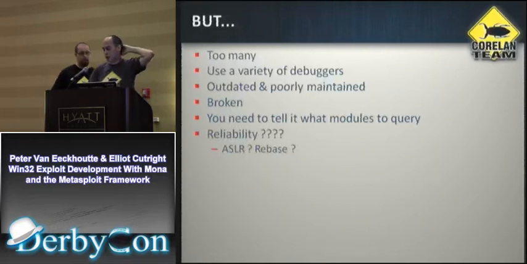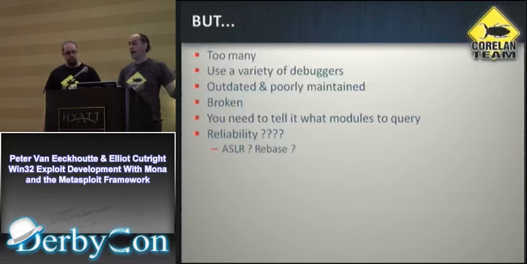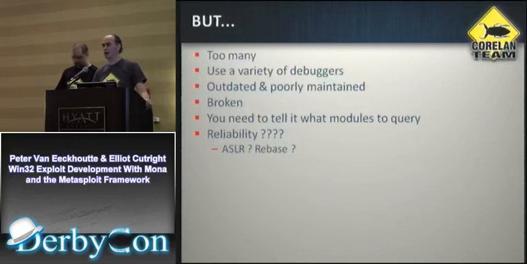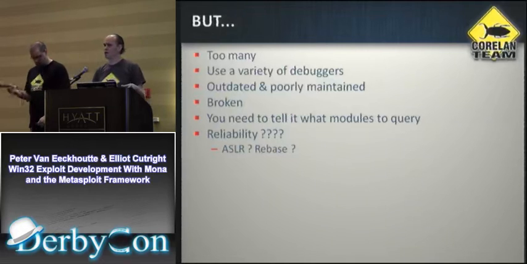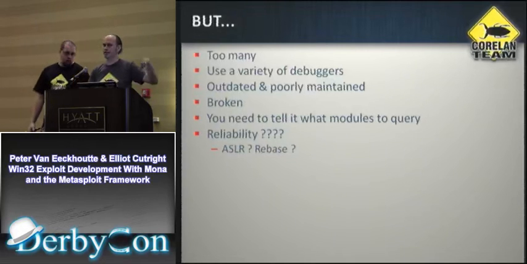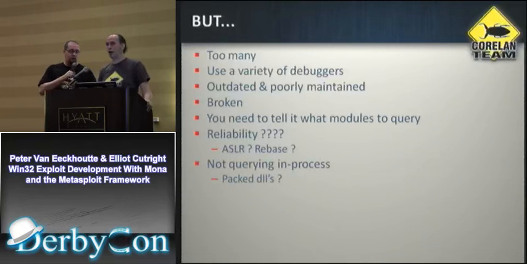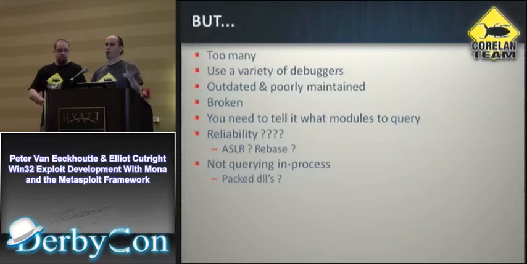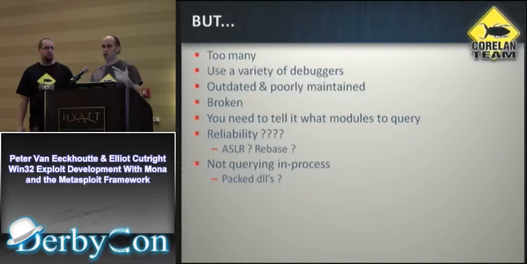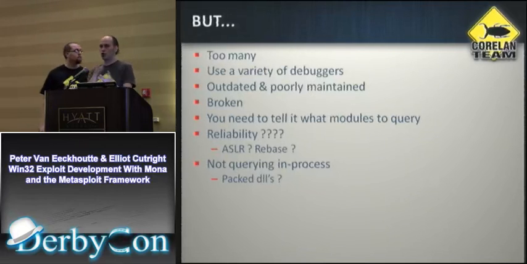So I already mentioned ASLR and rebase. It has a huge impact on reliability, and it might continue to work on your box, but unless you actually test the exploit on other boxes, you will see that it will cause issues. Ideally, you need to have a plugin that is capable of detecting that and dealing with that. And if you are using tools that are not performing searches inside the process memory, when you do a search on a DLL, well, what if the DLL is packed?